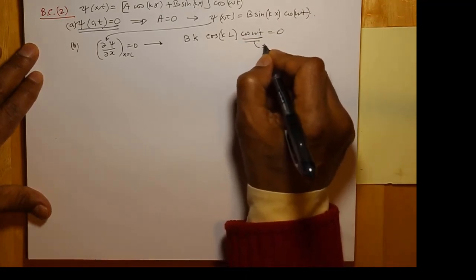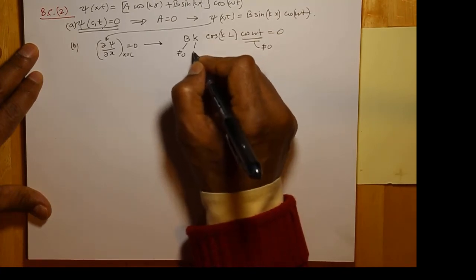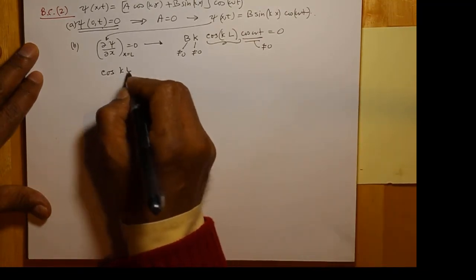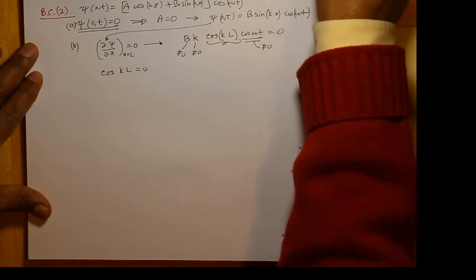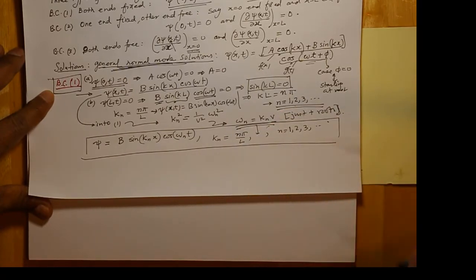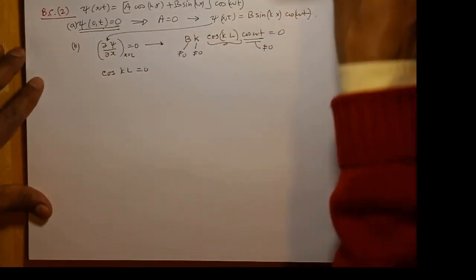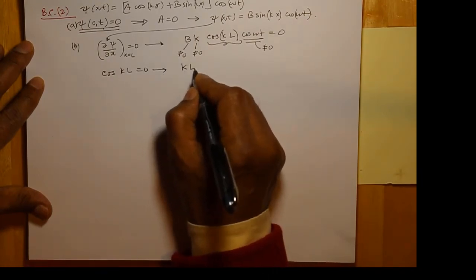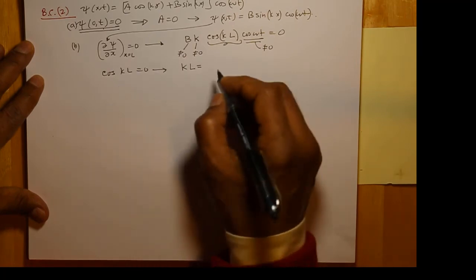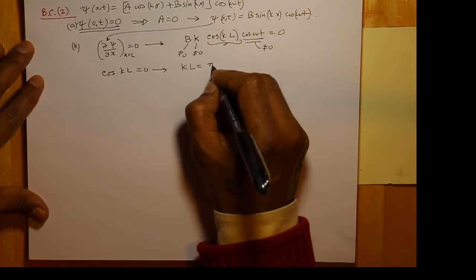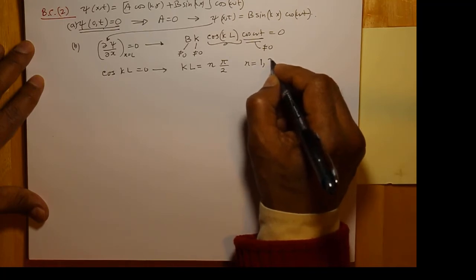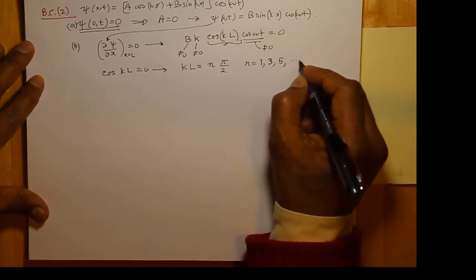Now this is not 0, and this is not 0, and this is not 0, so cosine kL equals 0. If you go back to boundary condition 1, the condition was sine kL equal to 0. But here cosine kL is 0, that means kL has to be odd multiples of pi over 2. So n pi over 2, and n has to be 1, 3, 5, and so on and so forth.